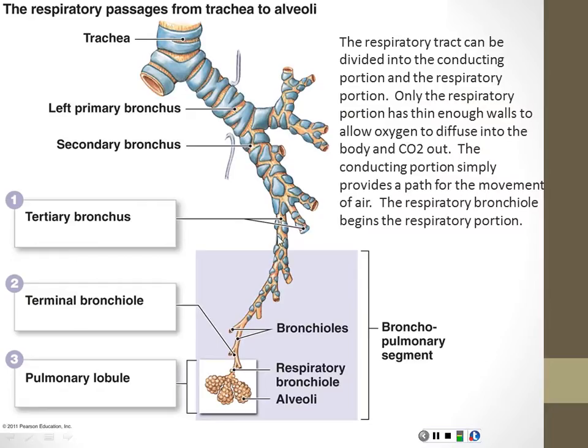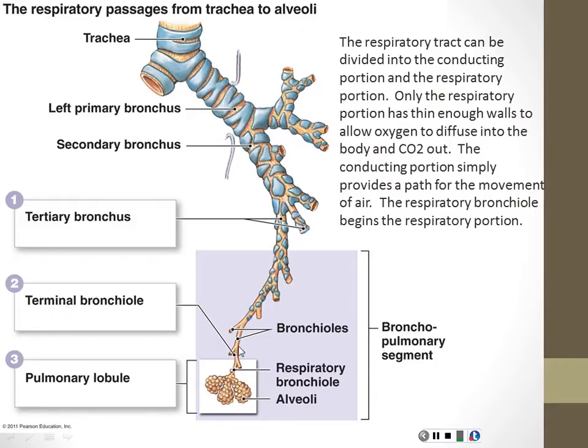Bronchioles have lost their cartilage plates. Just like if you look at a tree, the stems of the leaves don't have bark. It's the same kind of thing. The bark disappears as we get smaller and smaller. The bronchioles give way to what are called terminal bronchioles. That just means the last bronchioles, or the end bronchioles.